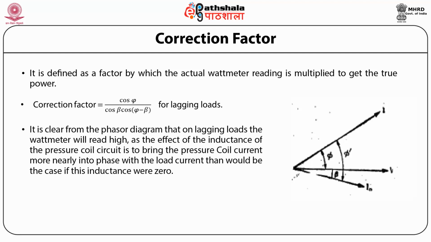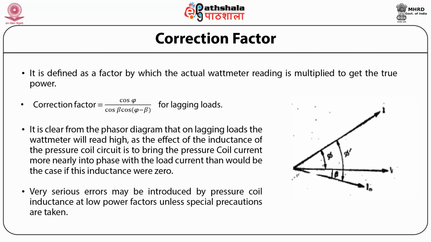It is clear from the phasor diagram that on lagging loads, the wattmeter will read high as the effect of the inductance of the pressure coil circuit is to bring the pressure coil current more nearly into phase with the load current than would be the case if this inductance were 0.